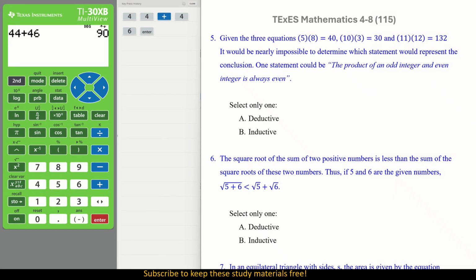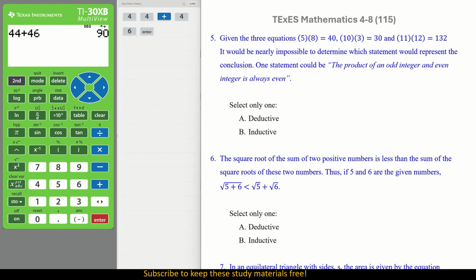Number 5, given the three equations: 5 times 8 equals 40, 10 times 3 equals 30, and 11 times 12 is 132. It would be nearly impossible to determine which statement would represent the conclusion.